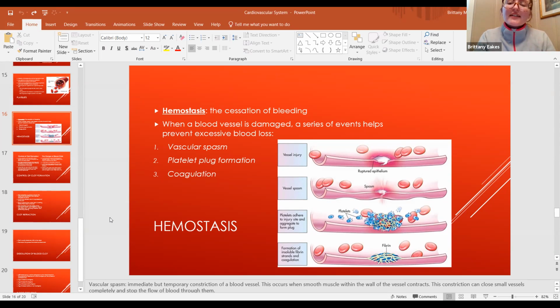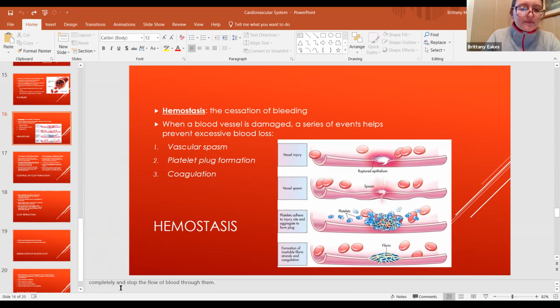When there's a tear or a hole in a blood vessel, that smooth muscle will contract and try to pull those sides of the hole together. It can help close those vessels completely and stop the flow of blood through them, to stop hemorrhaging. So that's vascular spasm. That's for a pretty small injury.